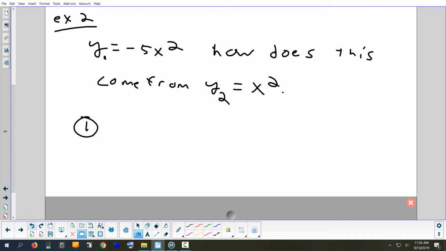Just the 5. Is it a shrink or a stretch? Stretch. So it's going to stretch which way? Vertically, because we're going to do horizontally eventually. So this is a vertical stretch. And then you have to say by how much. Everything is stretched vertically by a factor of 5 times, or just by a factor of 5.